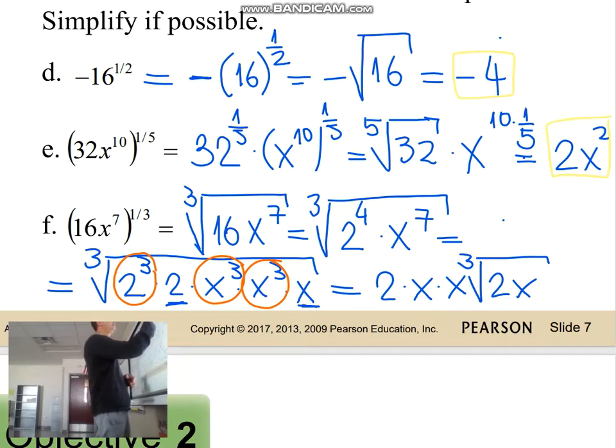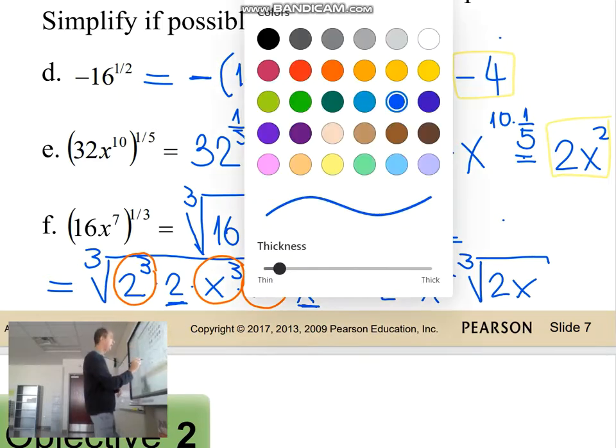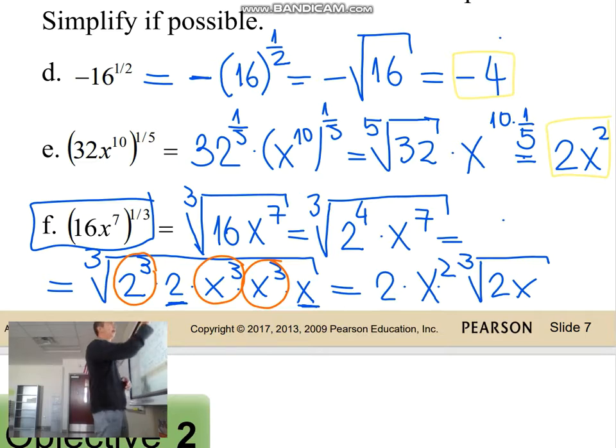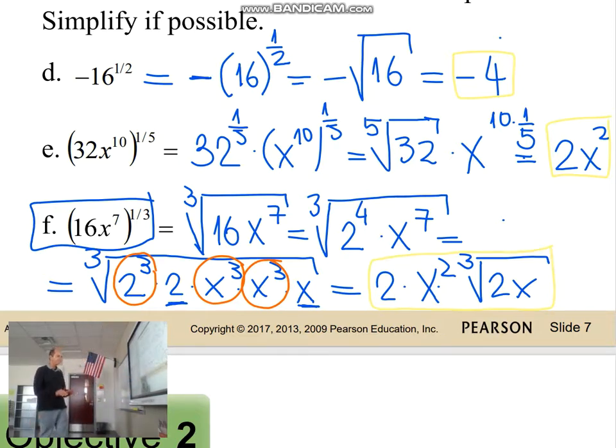This x times x is x squared. Let me write here as x squared. And the answer to this last example, letter F, is 2 times x squared times the cube root of 2x. We will work later with more of this kind of breaking down and simplification when we see properties of exponents, okay?